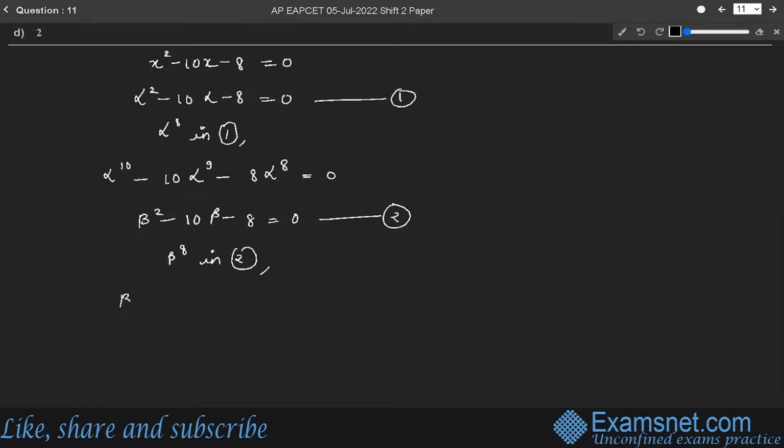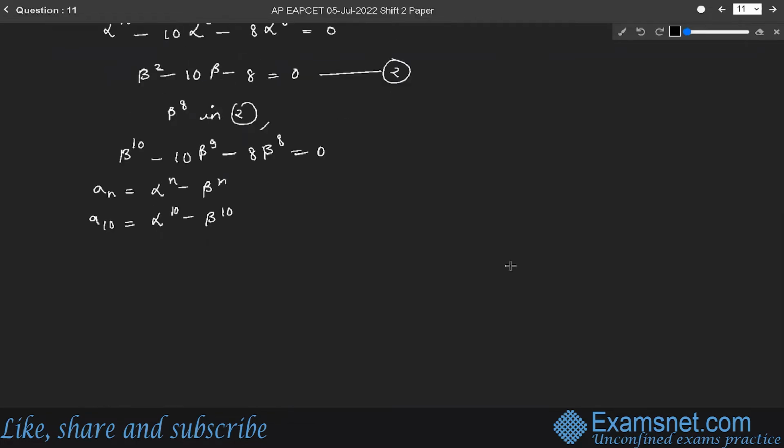Then we get beta power 10 minus 10 into beta power 9 minus 8 into beta power 8 is equal to 0. It is given that a n is equal to alpha power n minus beta power n. So a10 will be equal to alpha power 10 minus beta power 10, a8 will be equal to alpha power 8 minus beta power 8, and similarly a9 will be equal to alpha power 9 minus beta power 9.